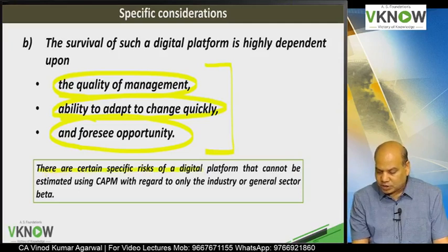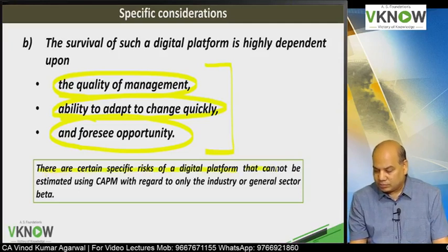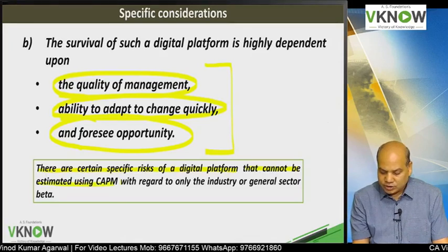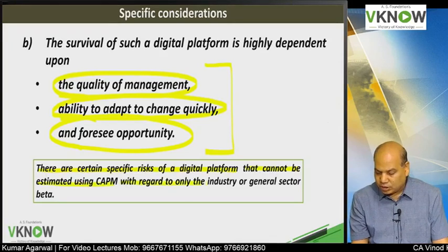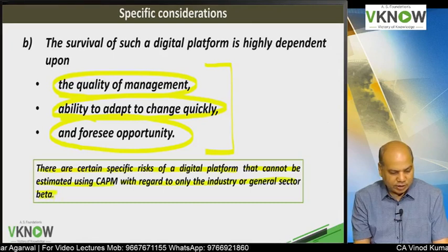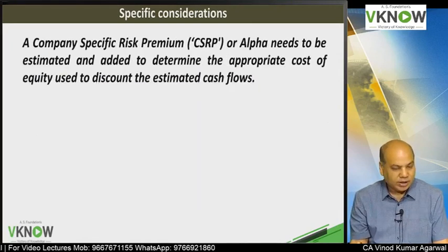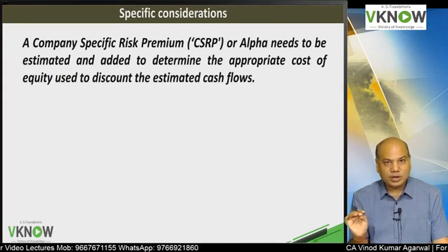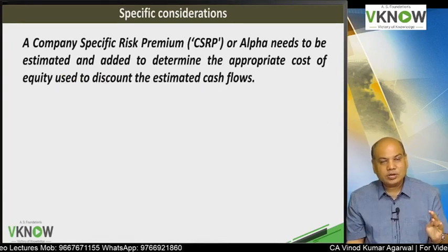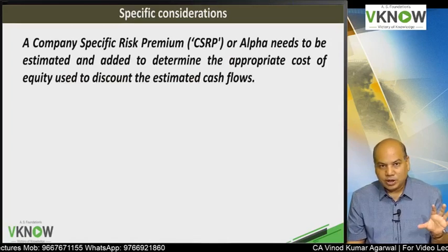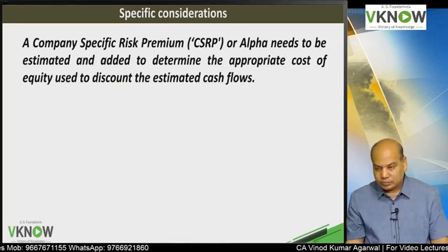There are certain specific risks of digital platforms that cannot be estimated using CAPM with regard to only the industry or general sector beta. So these are the specific considerations kept in mind while valuing digital platforms. Discount rate should be higher. Probability of survival you have to see.